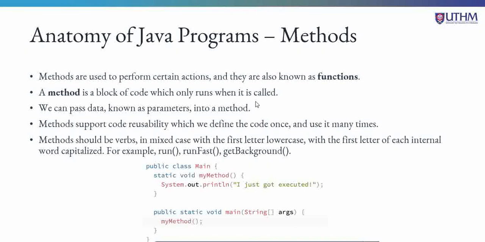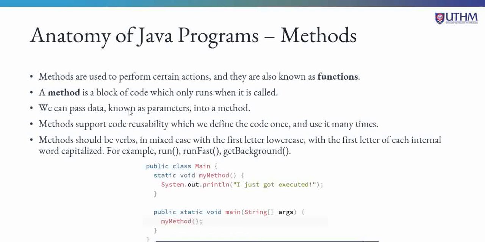Methods. Methods are used to perform certain actions and they are also known as functions. A method is a block of code which only runs when it is called. So a method only runs when it is called.